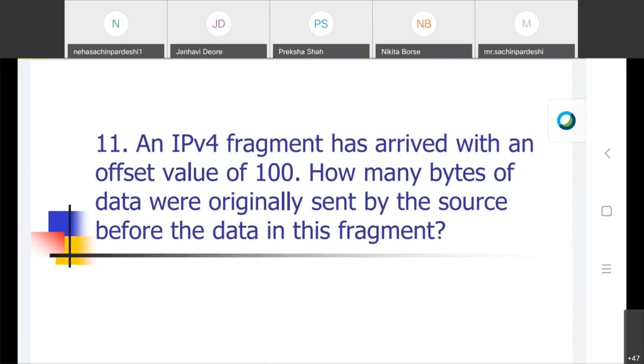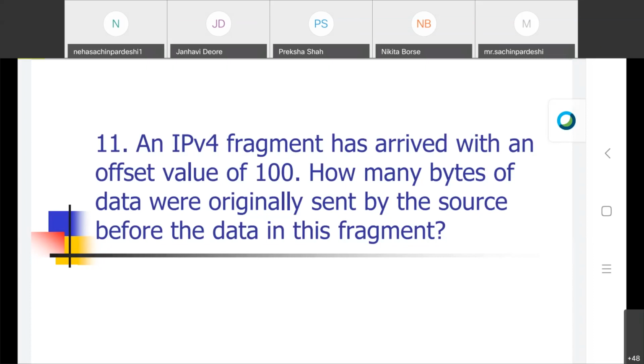If you see the next problem, an IPv4 datagram arrived with an offset value of 100. How many bytes were originally sent by the source before the data in this fragment? So the offset value is given, and before this datagram, how many bytes of data were transmitted? It is very easy to calculate.